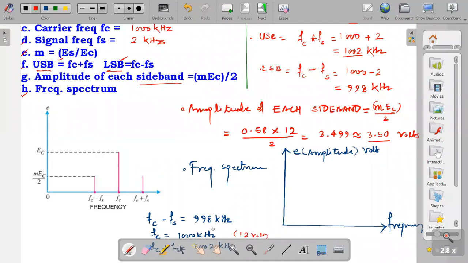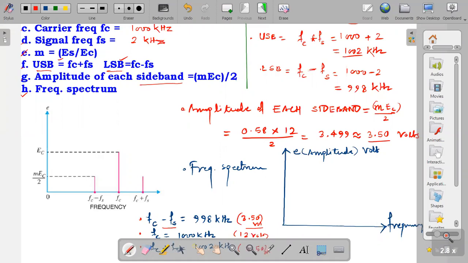For the lower side band, what is the amplitude? 3.50. And for the upper side band, what is the amplitude? Again 3.50.